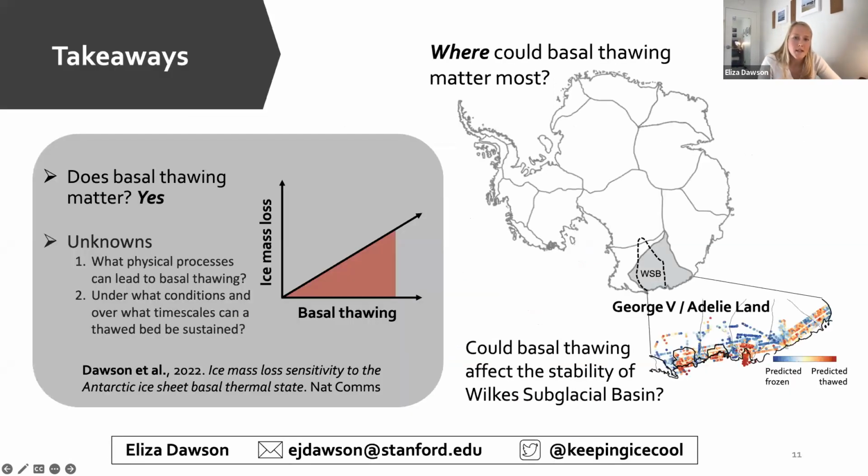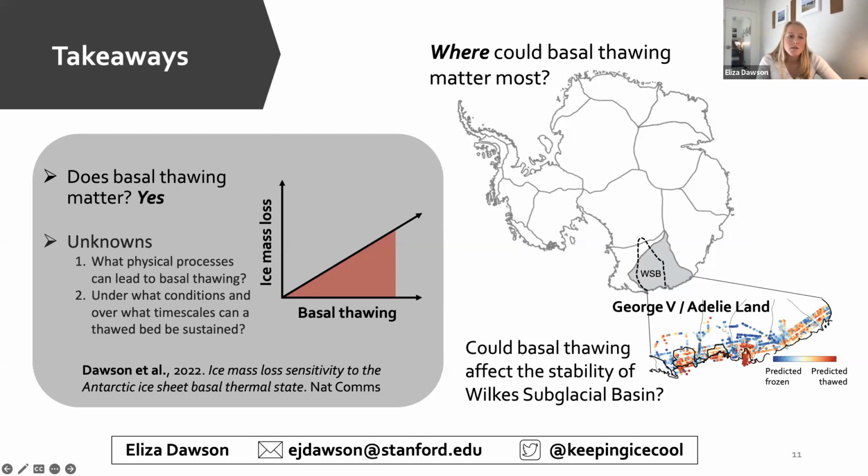So with that, I wanted to take you to some of the main takeaways from my work at this point. We started with just asking the question, does basal thawing matter? And my model results show that the answer appears to be yes, that there is a relationship that's pretty strong in some basins where more thawing produces more ice mass loss.